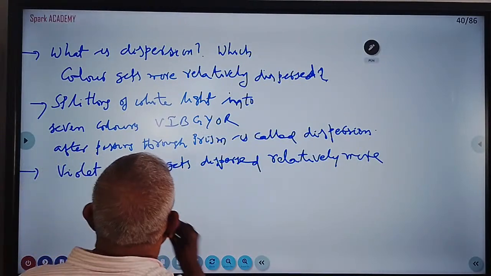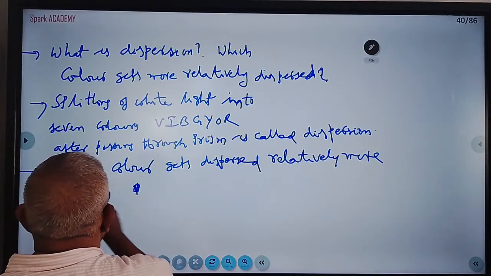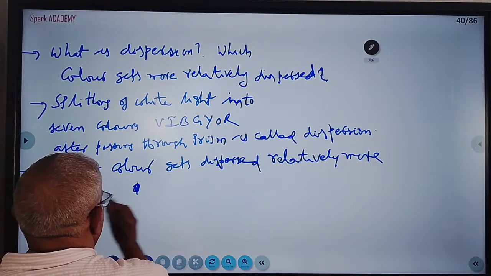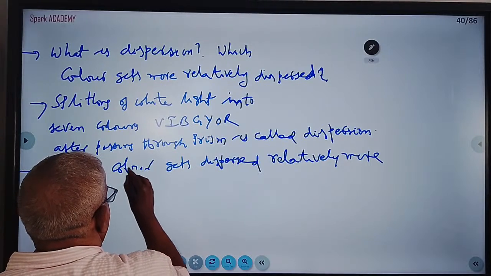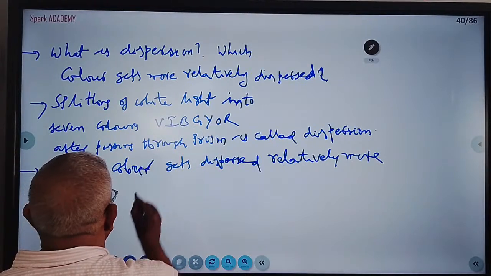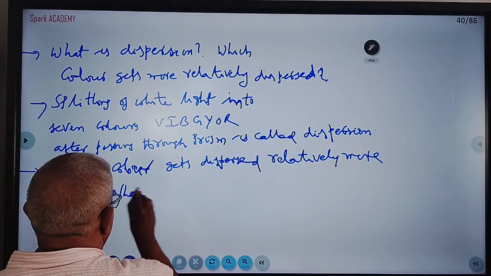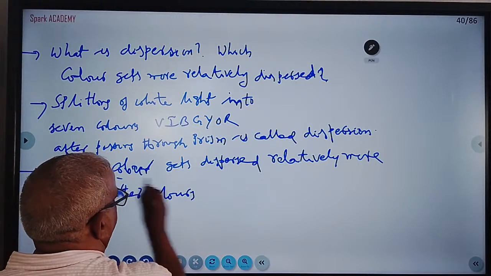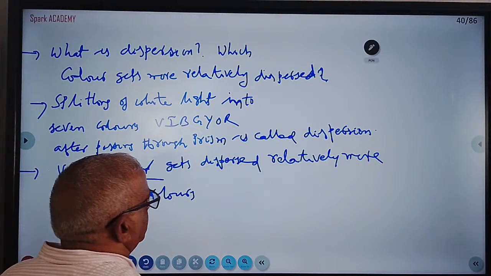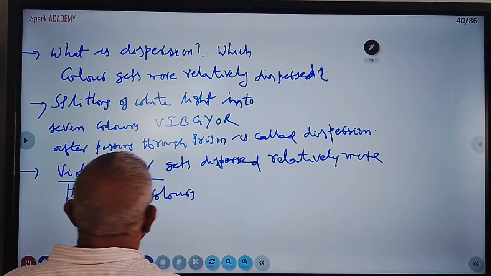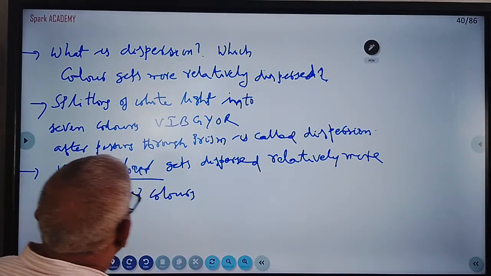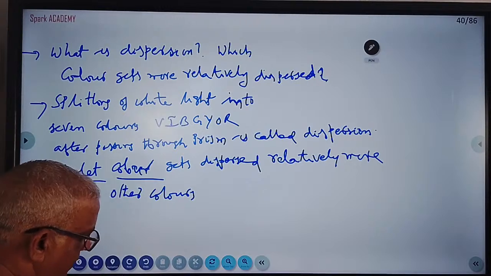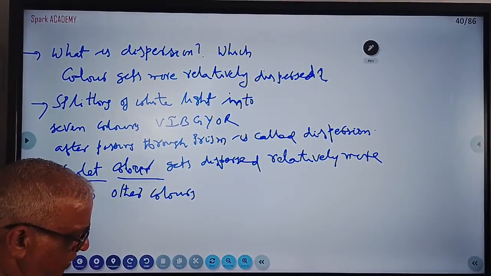The answer is that violet color gets dispersed relatively more than other colors. Okay, students, this is very important. These are ray optics questions, very short questions.